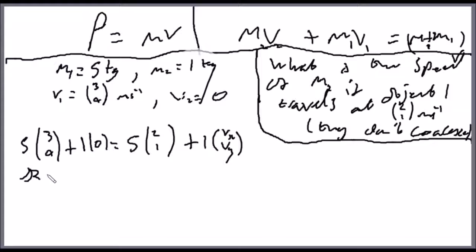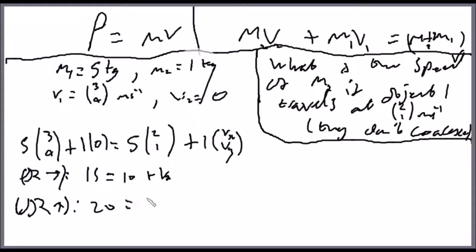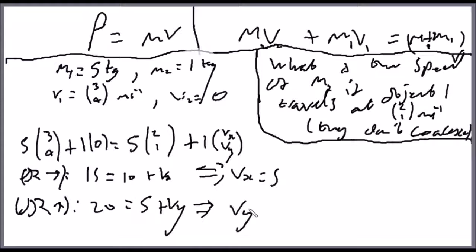Let's resolve in the right direction. So 15 equals 10 plus Vx, and resolving upwards, 20 equals 5 plus Vy. So from this we can work out Vx equals 5, and Vy equals 15.